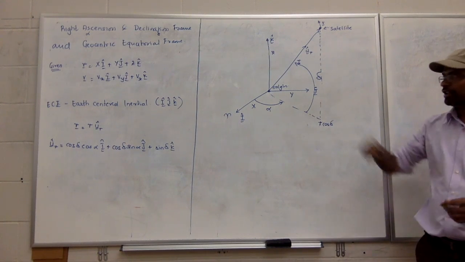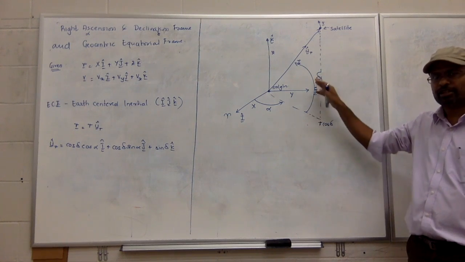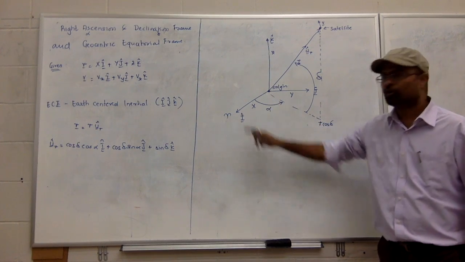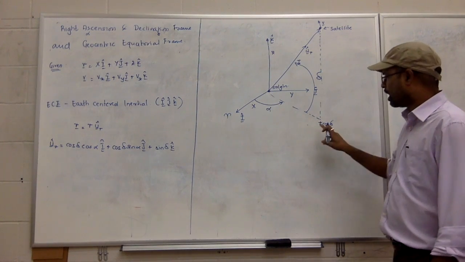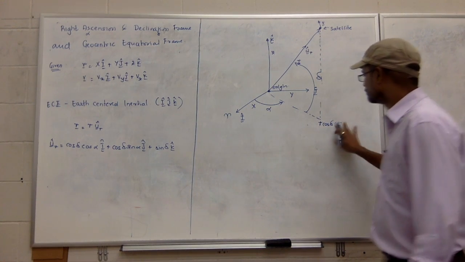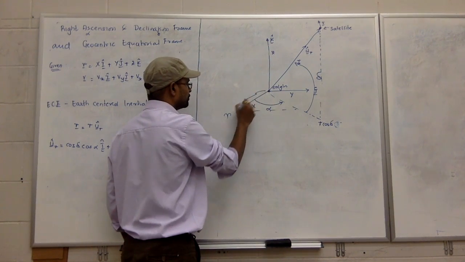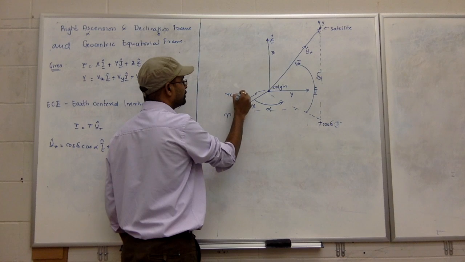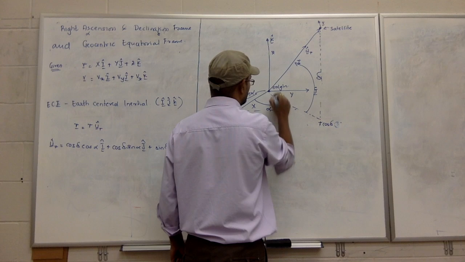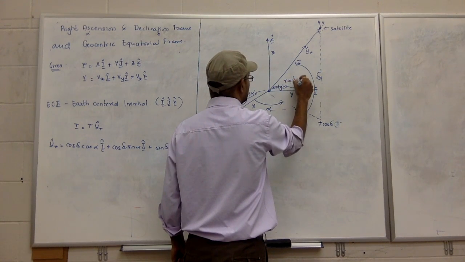You get that? If this is R, the projection, this is delta. So the adjacent side is R cosine delta. What would the x component be? R cosine delta cosine alpha, and this would be R cosine delta sine alpha.